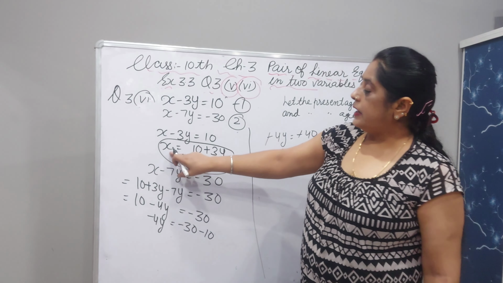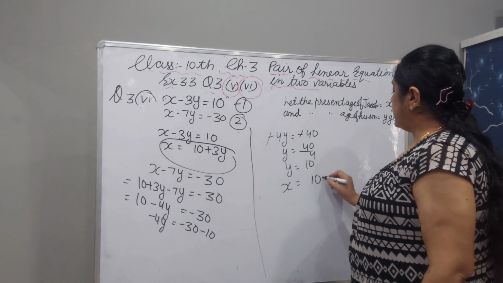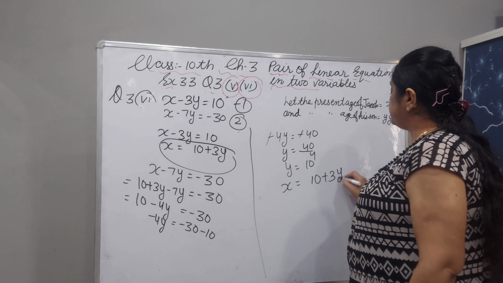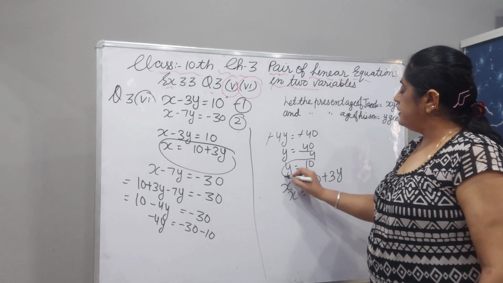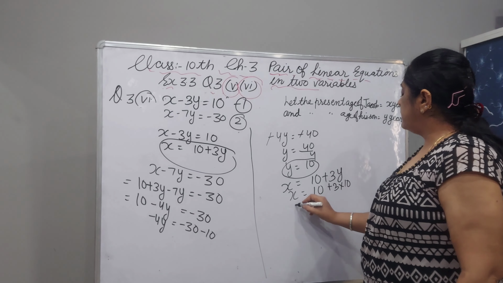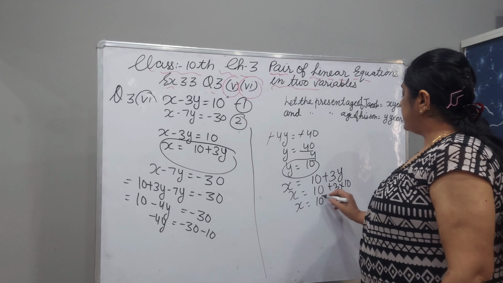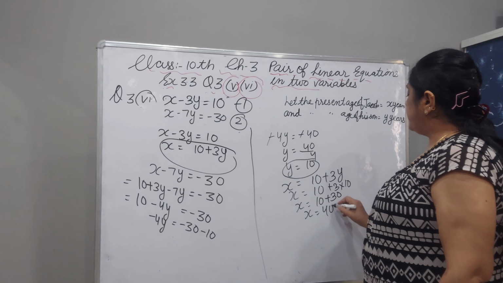Now we will calculate the value of x. X is 10 plus 3y. Y value is 10, so 10 plus 3 multiplied 10. X will be 10 plus 30. X will be 40.